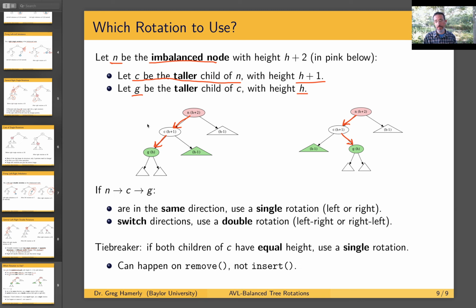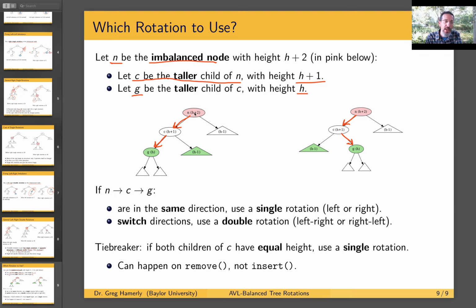So we've detected an imbalance at node n. Then we've gone to the taller of its two children, and then we've gone to the taller of that node's two children. That structure forms a pattern.